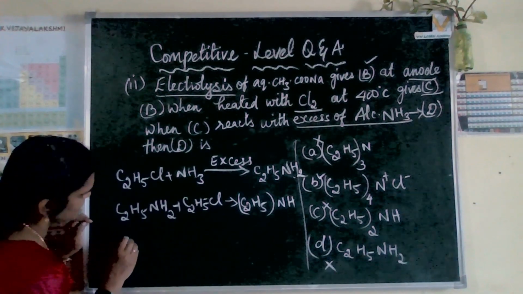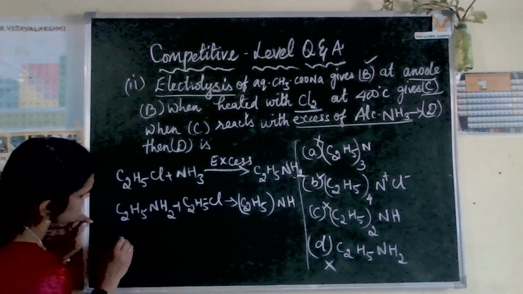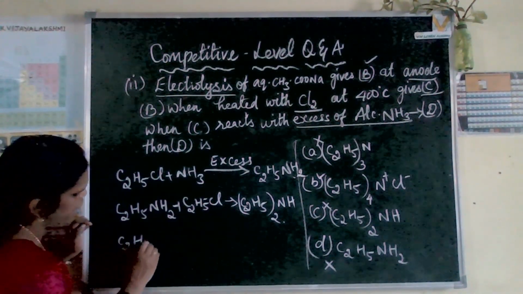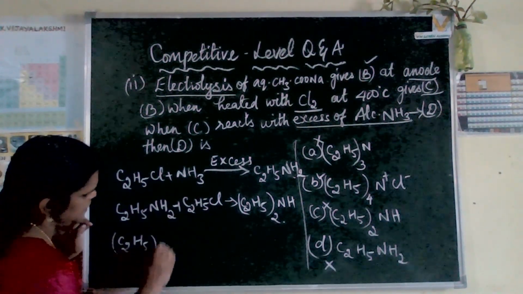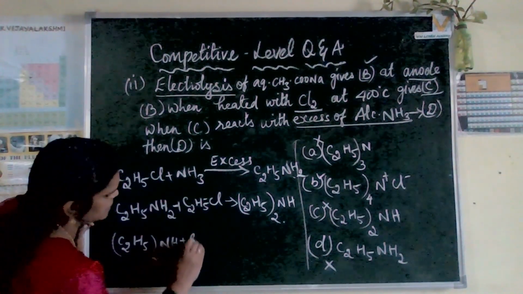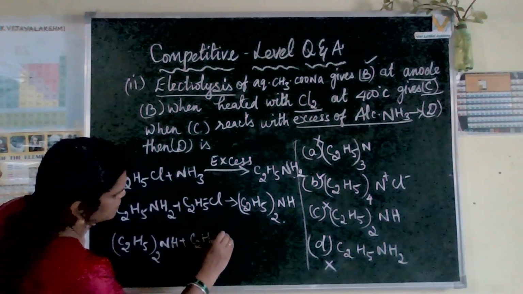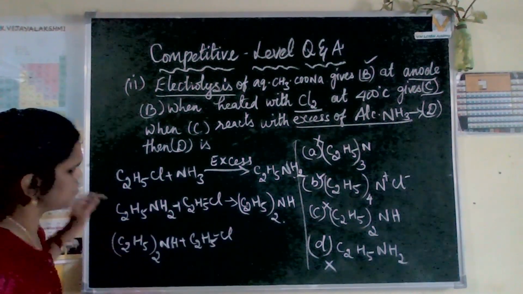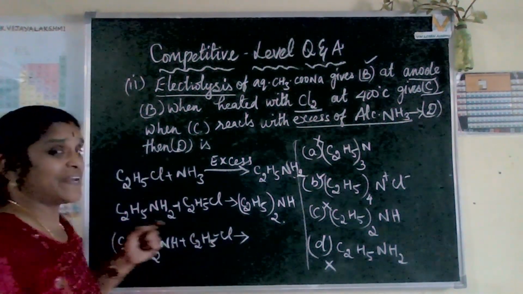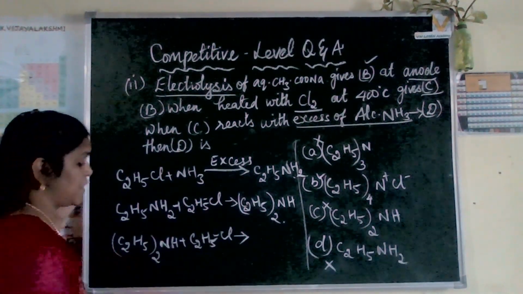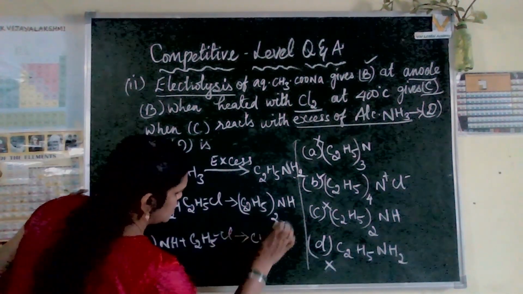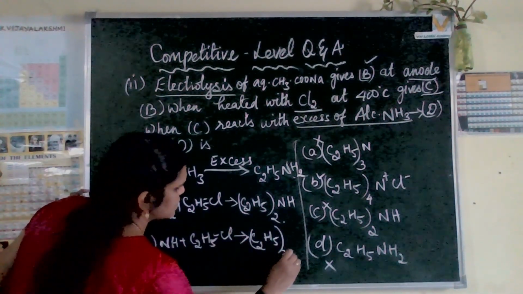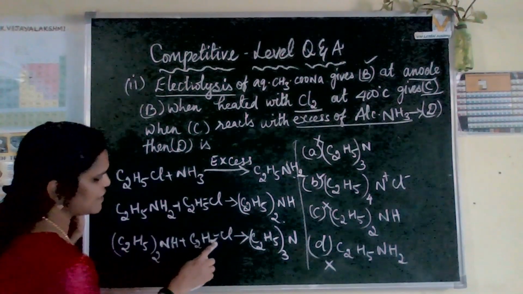Now in the next step, (C2H5)2NH combines again with C2H5Cl. You have to completely remove the hydrogens: primary, secondary, tertiary. So here you get (C2H5)3N, and the hydrogen is out.